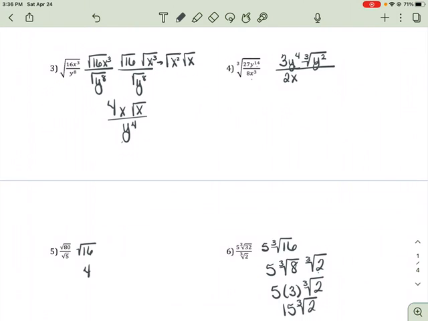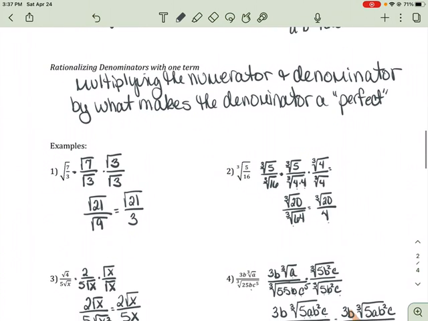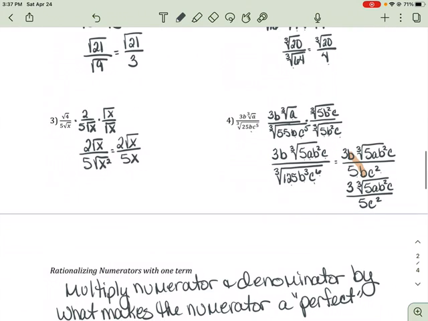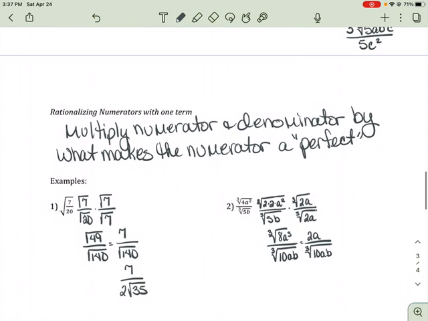Okay, if we can divide top and bottom by the same number, simplify it up and down first before we do anything, that's going to make life easier. We're going to rationalize the denominator, which means we're going to multiply top and bottom by what's going to make it a perfect, okay, so that we don't have the radical in the bottom. And if we rationalize the numerator, we're going to multiply top and bottom by what's going to make the numerator a perfect.